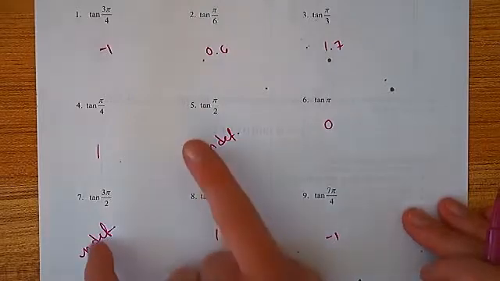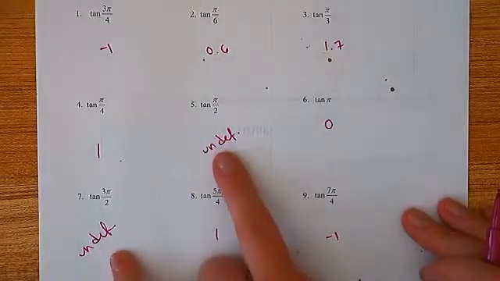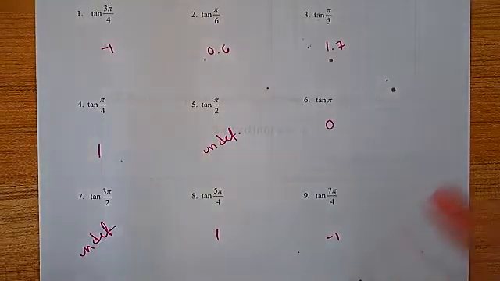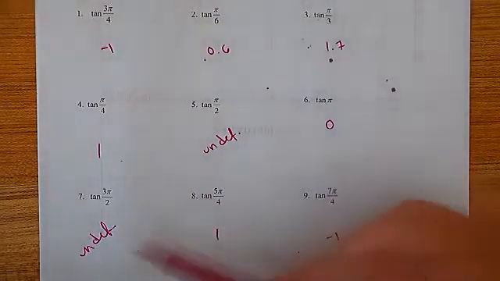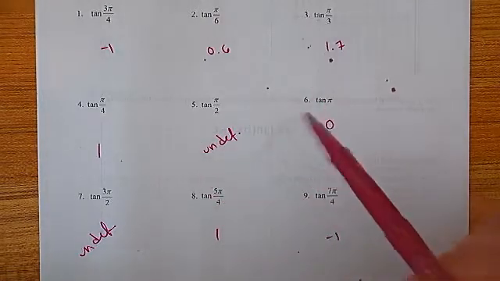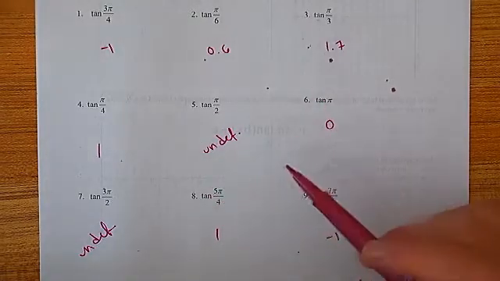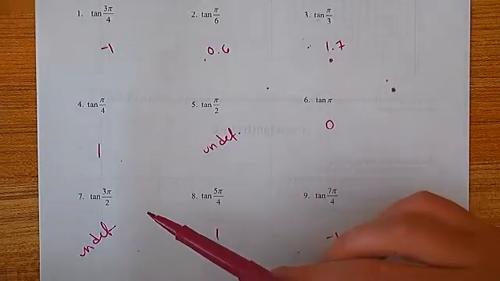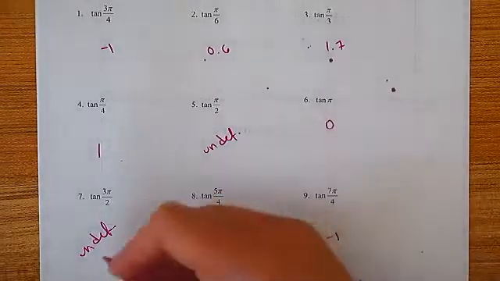The next thing to notice is that these two came up as undefined or domain error. So in sine and cosine, we never saw that happen, but we did see it happen last week for secant and cosecant. And do you guys remember what we did for the undefined values? They're asymptotes, right?